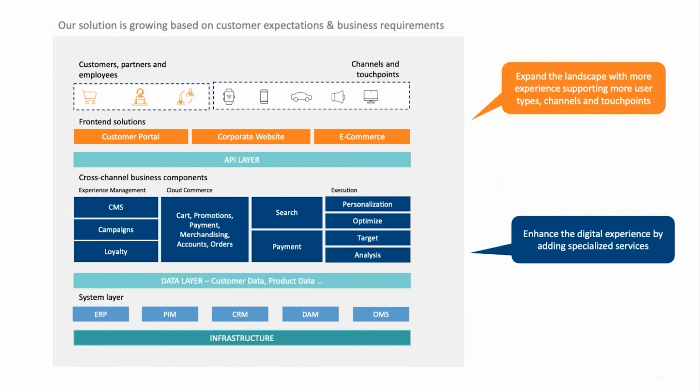Then we may also need to add more business capabilities, add small specialized services within the solutions such as personalization or external search engines or other customized functions that your specific customer needs.